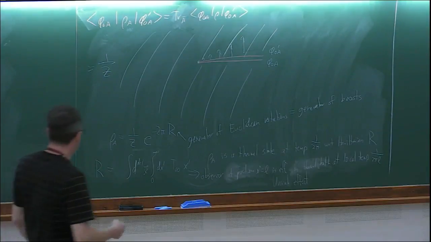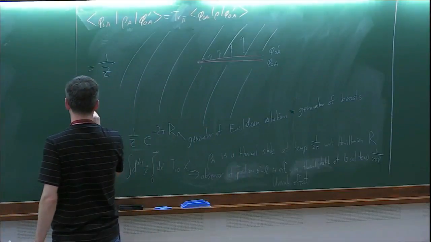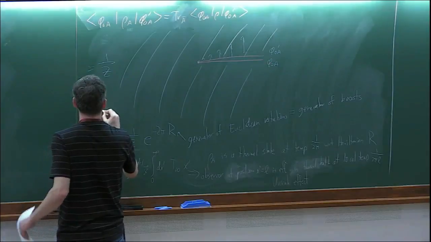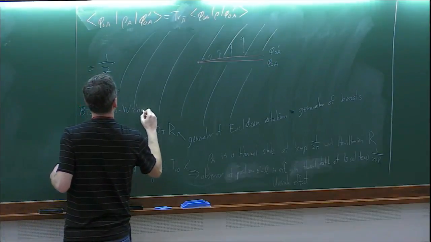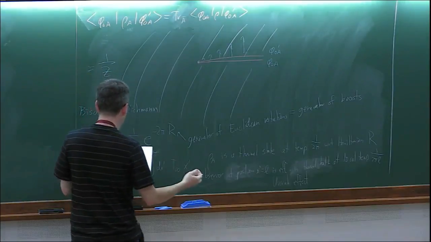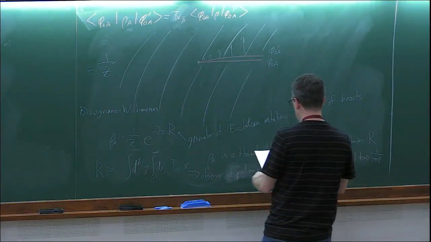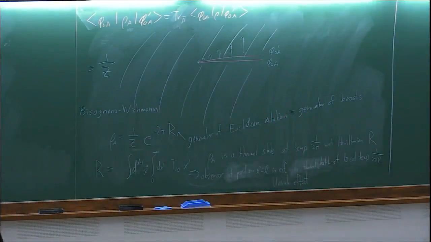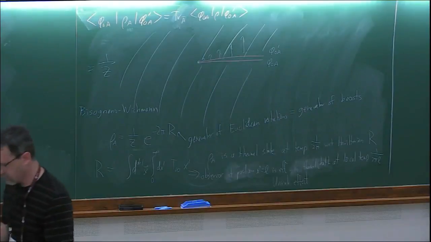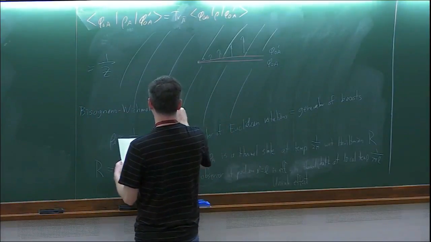Okay, this equation here is due to these folks. So Unruh was in the early 70s. Didn't I write this down somewhere? And then these guys.